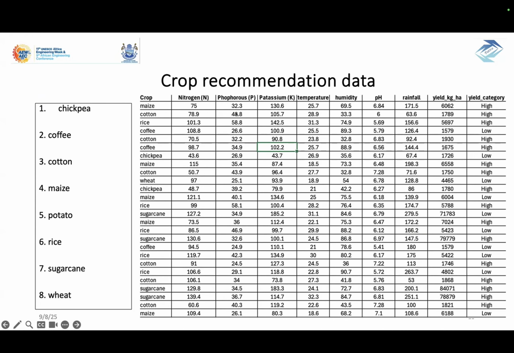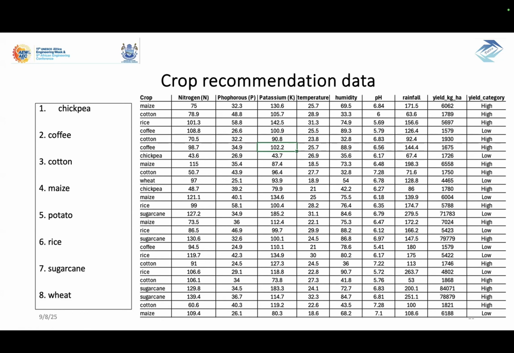With structured data like this, the first thing you notice is 8 different types of crops that need different amounts of nitrogen, phosphorus, and so forth. Then you look at the yield per kilogram per hectare, and the categories; some were high and some were low.